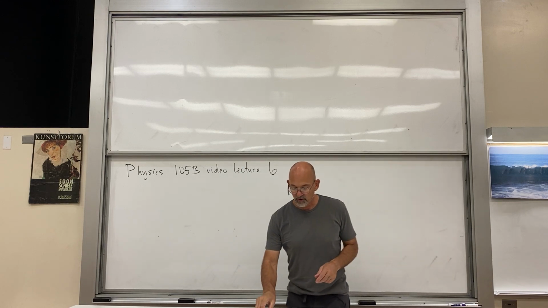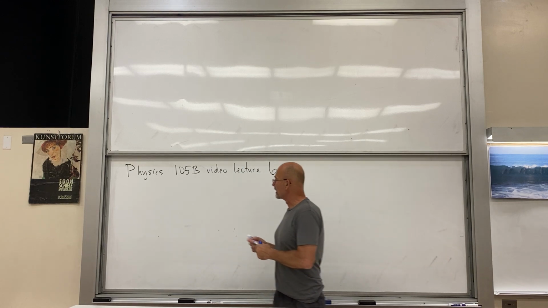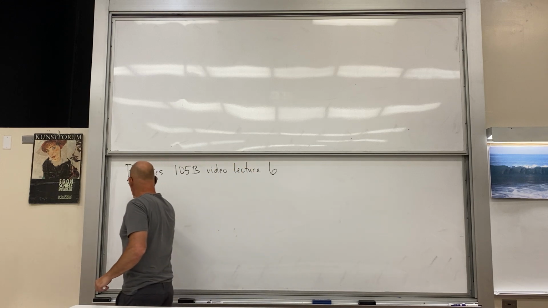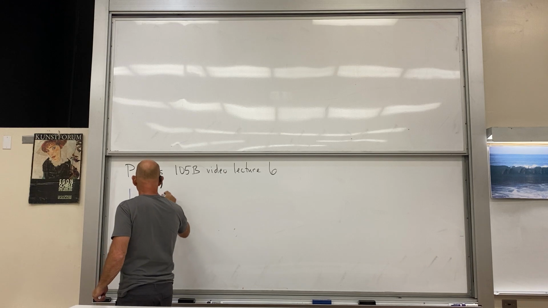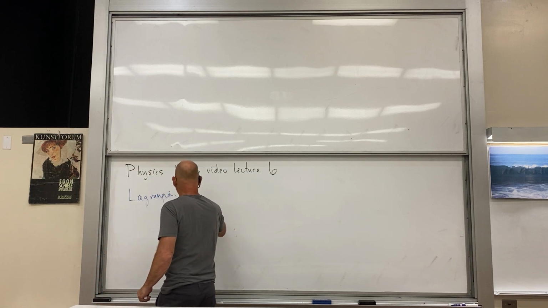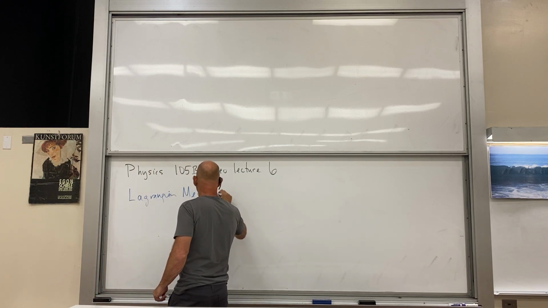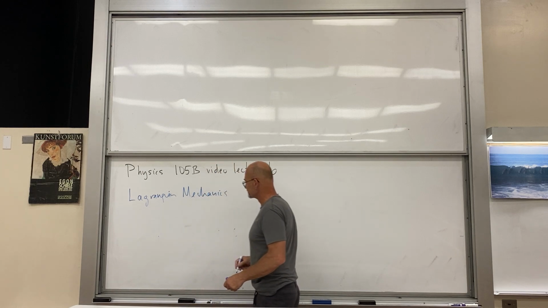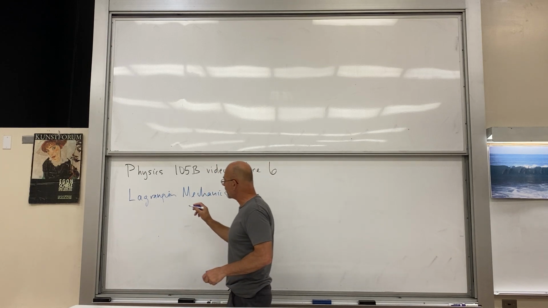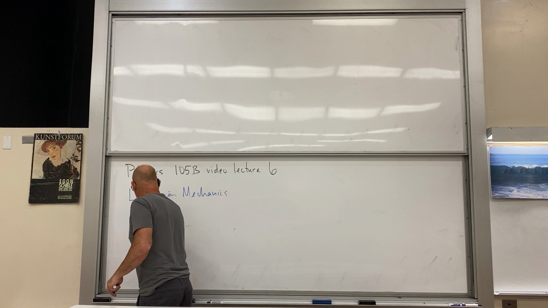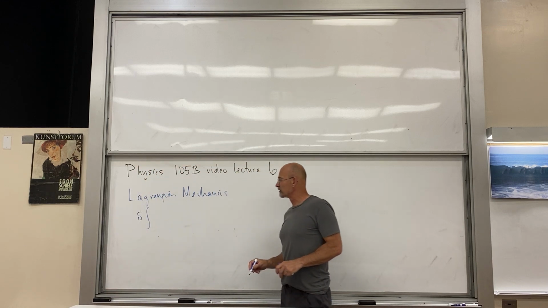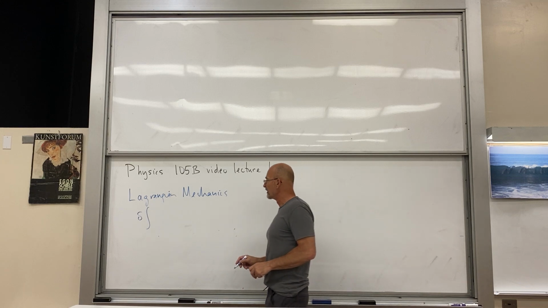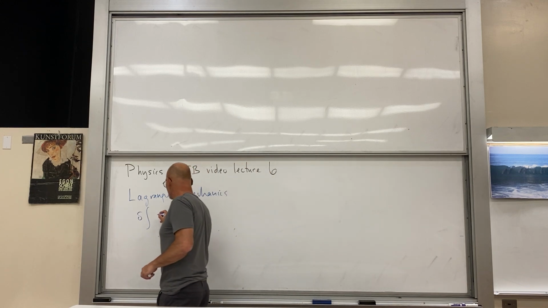So let me start with just reminding us what we have here in Lagrangian mechanics, and then work our way forward. So first of all, the equations of motion for a mechanical system come out of a variational principle.